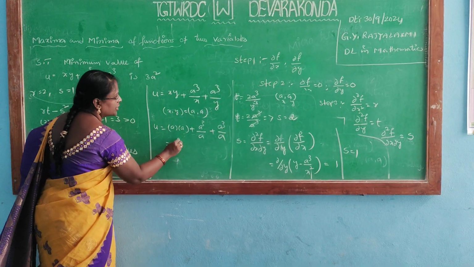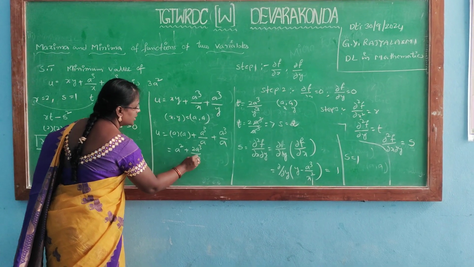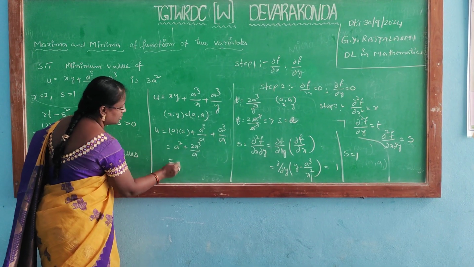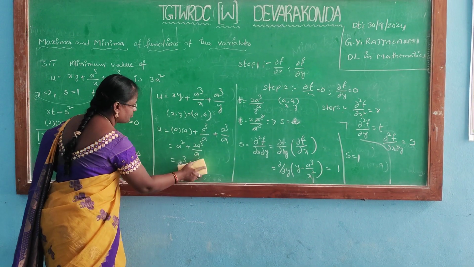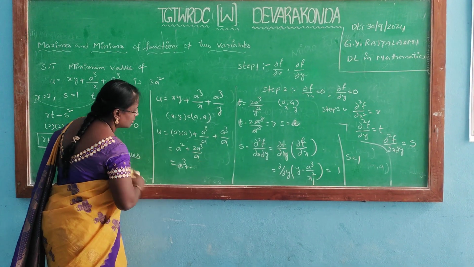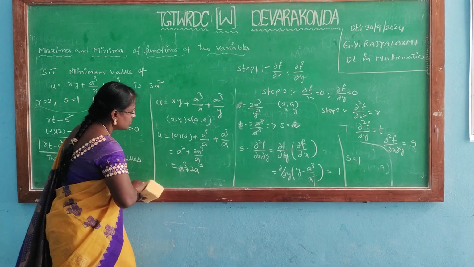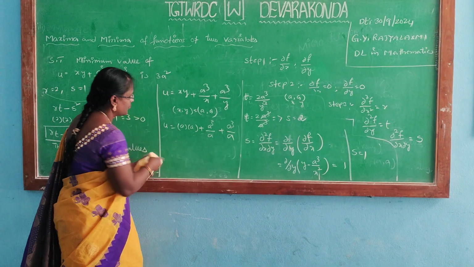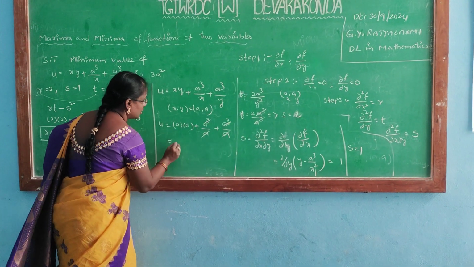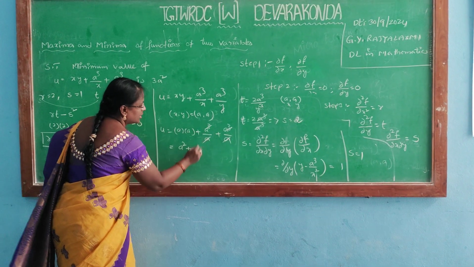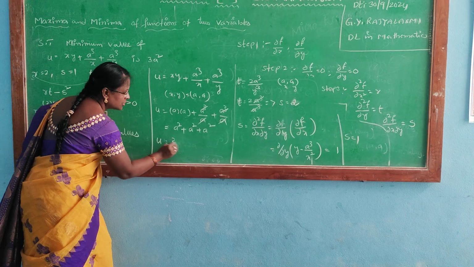So cancelling, a² plus a² plus a². So finally u equals 3a².